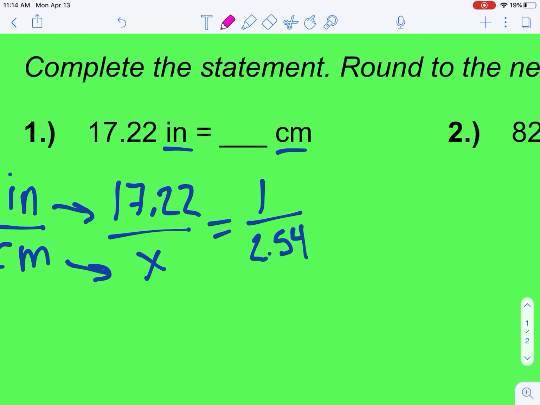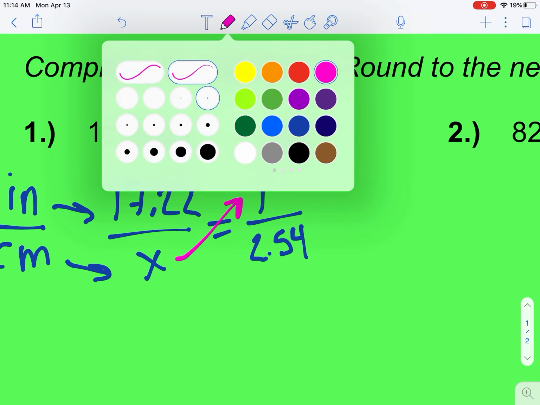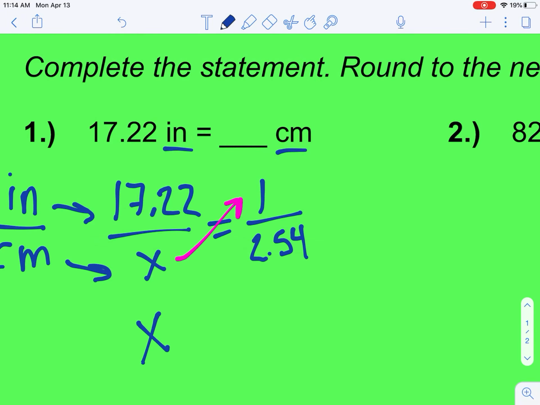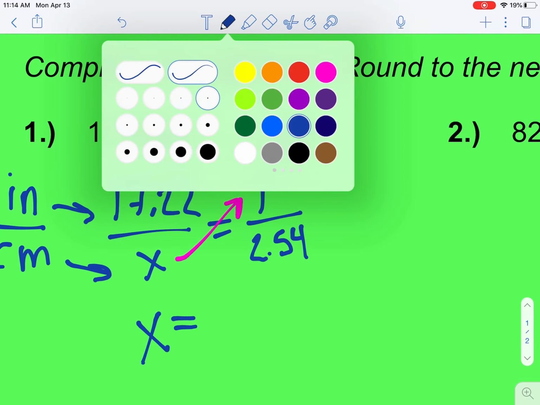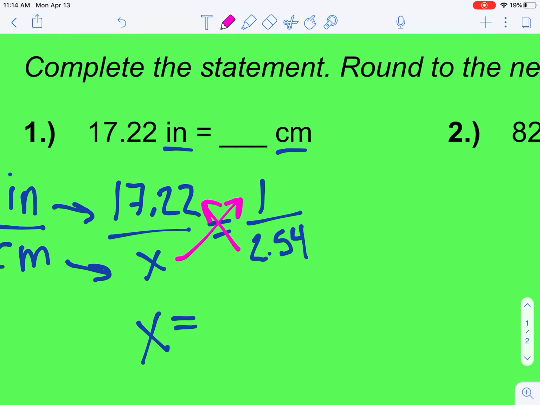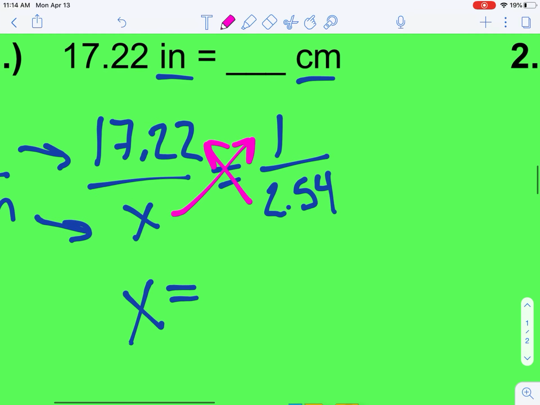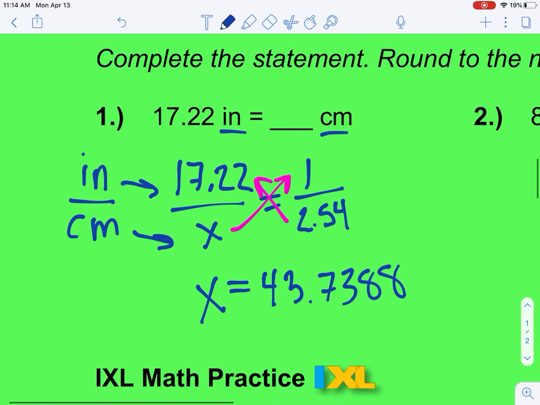You're definitely going to need a calculator for today's lesson. So let's go ahead and cross multiply. X times 1. I love when this happens because that's just x. I don't need to worry about dividing. And then my multiplication problem is going to be 17.22 times 2.54. And I get 43.738. Now look at our directions.